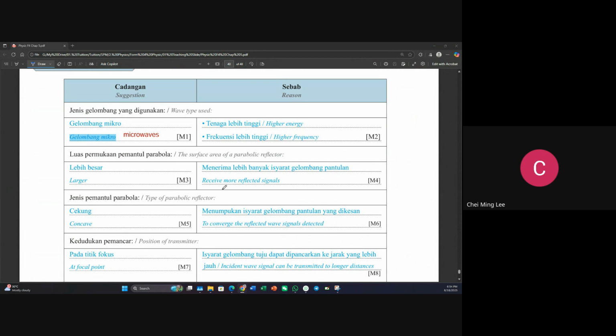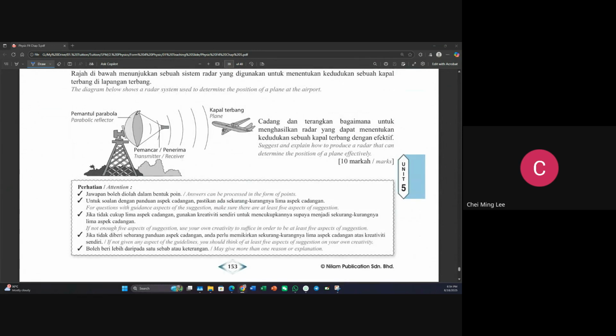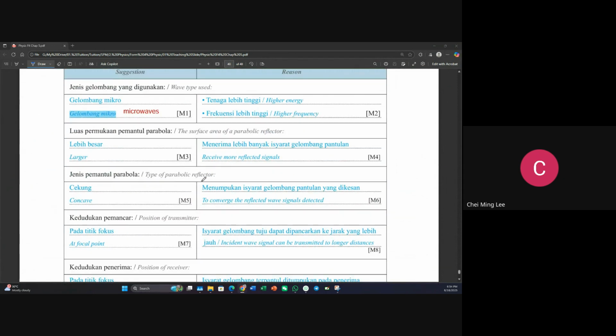And then the surface area of the parabolic reflector. The parabolic reflector is this one. You see, actually, the question already mentioned this. For the parabolic reflector, you need a larger area. Why? Because with a larger area, you can receive more reflected signal.